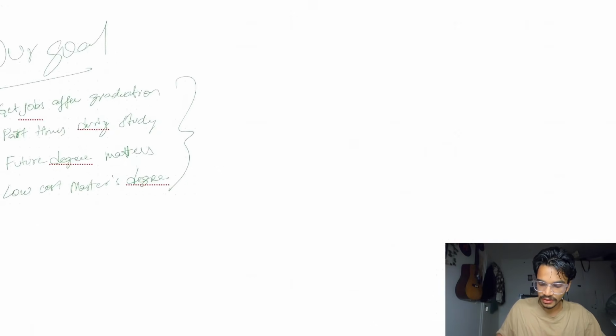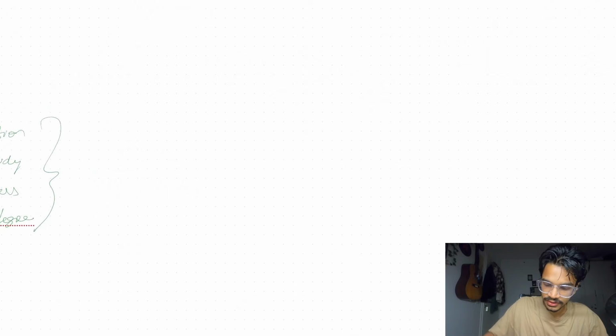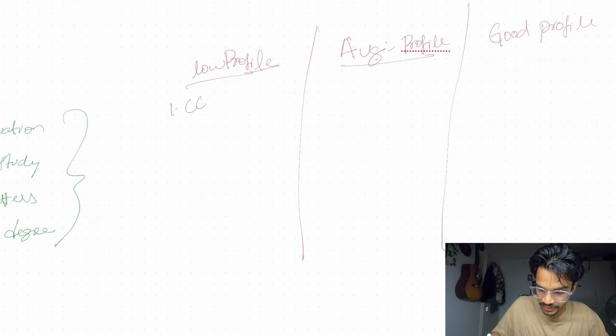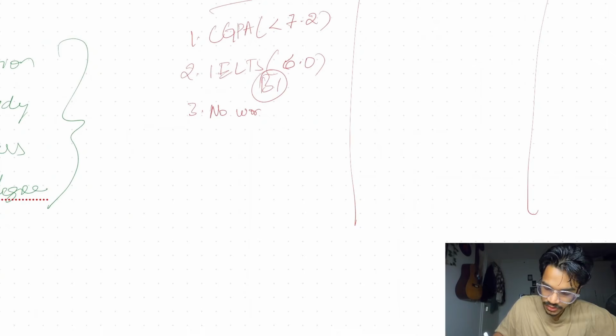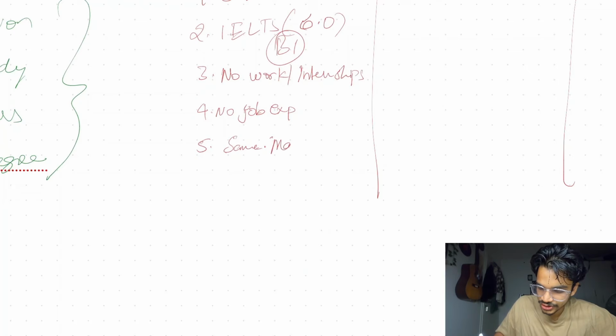Based on this, we're going to shortlist for three profiles mainly: low profile, average profile, and good profile. For the low profile, we are going to take this criteria: CGPA less than, let's say, 7.2, IELTS should be basic, so 6.0, no work or internships, no job experience, and also same major.